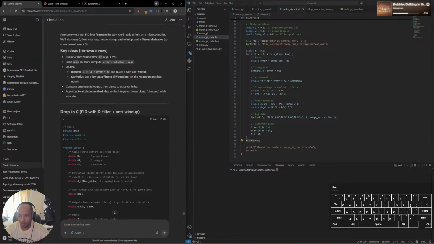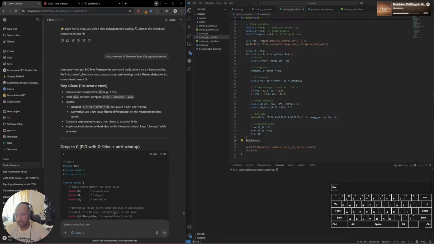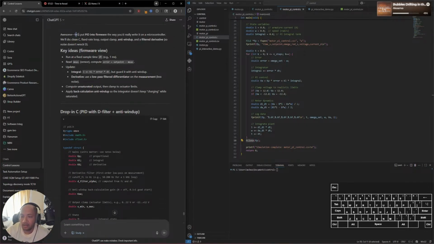Alright. Whoa. Holy moly, that's a lot of math. Let's put PID into the format the way you actually write it in my controller. We'll do clean C, fixed rate loop, output clamp, anti-windup, and a filtered derivative so noise doesn't wreck it.